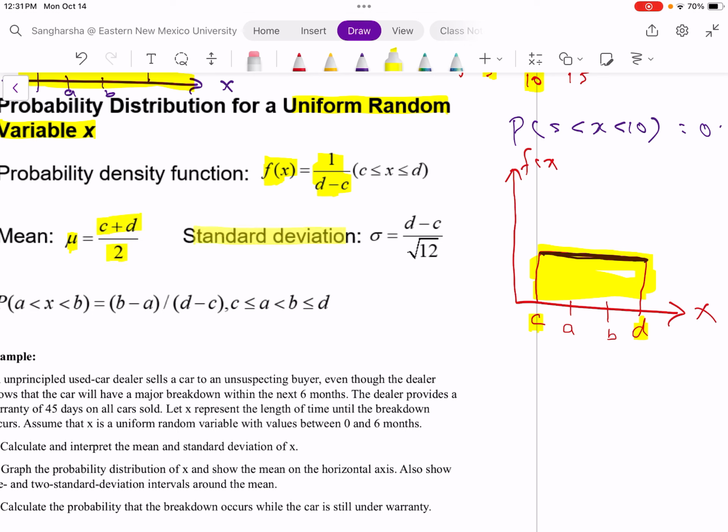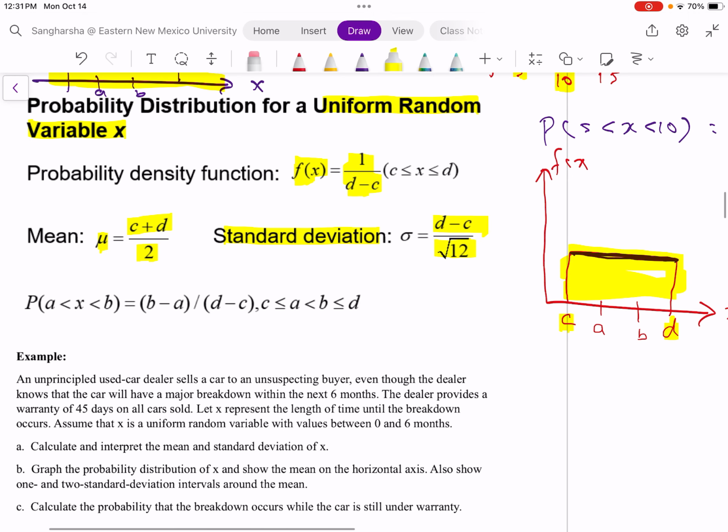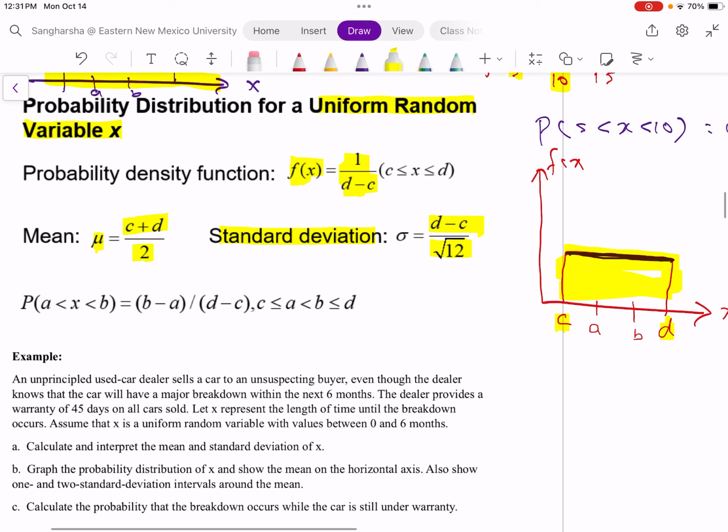The standard deviation is d minus c divided by square root of 12, and the probability that x takes any number between a and b is b minus a divided by d minus c. These formulas will be given to you, but you should know where to use them.